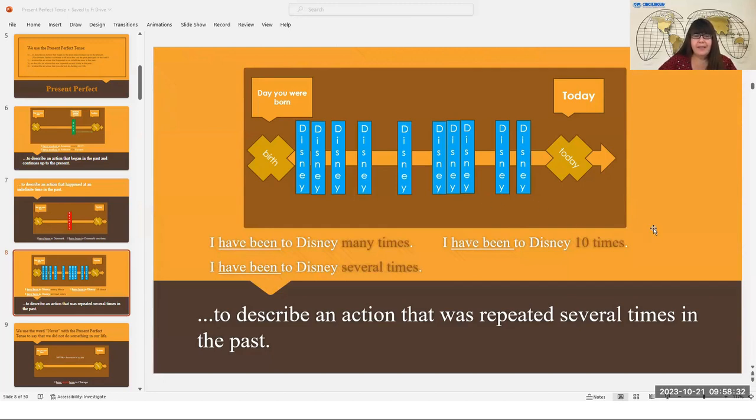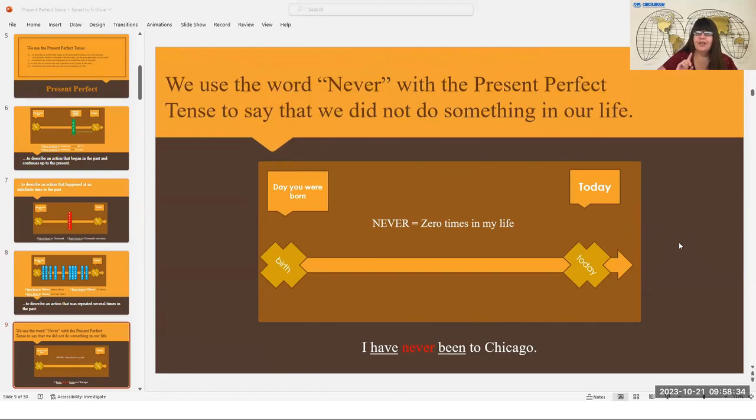Okay, the next way that we can use the present perfect is for something that we have never done during our life. So we use the word never with the present perfect tense to say that we did not do something in our life. I have never been to Chicago.